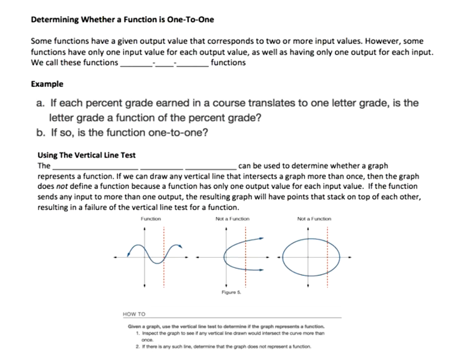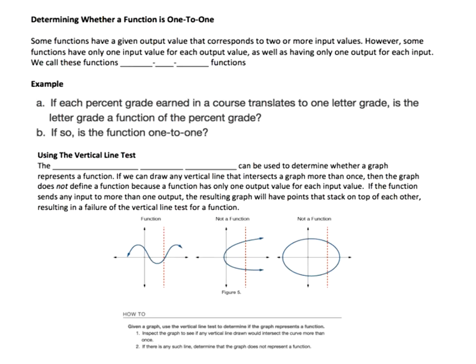So here we are. What the heck is a one-to-one function? Some functions have a given output value that corresponds to 2 or more input values like we just saw.